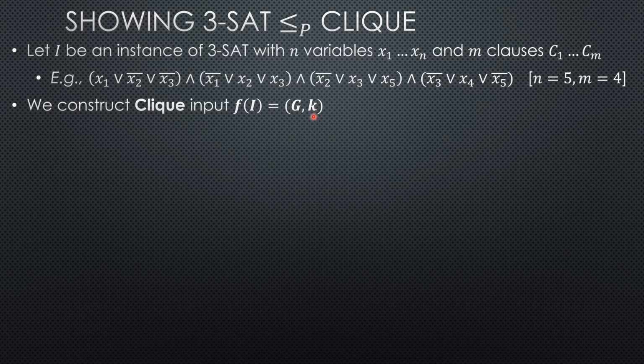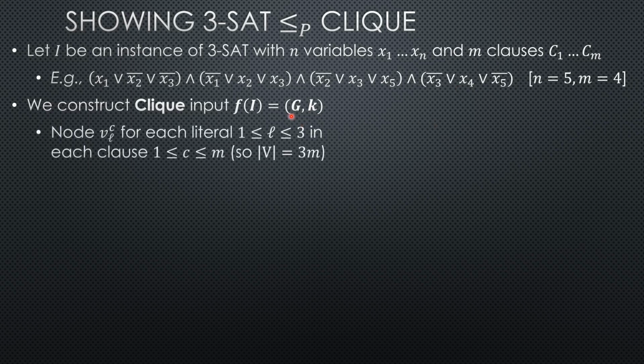You'll see at the end, we're going to reduce an instance of 3-sat with m clauses to a graph where we're looking for an m clique. So let's see how we do this actual graph construction. We're going to construct for every literal in the input formula.